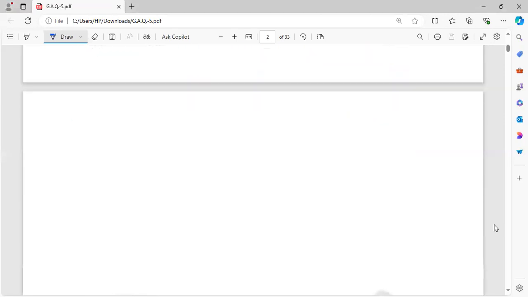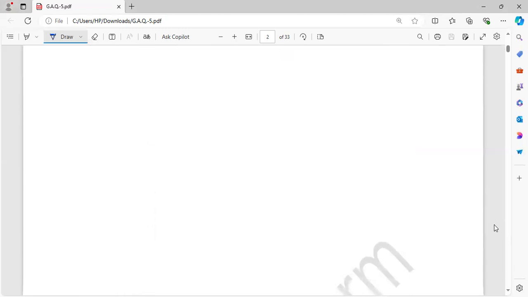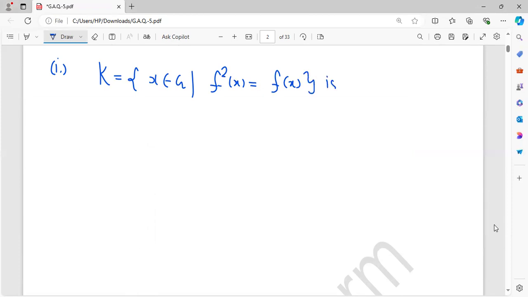Okay. So first we are to show that K = {x belongs to G such that f²(x) = f(x)} is a normal subgroup of G. Okay.